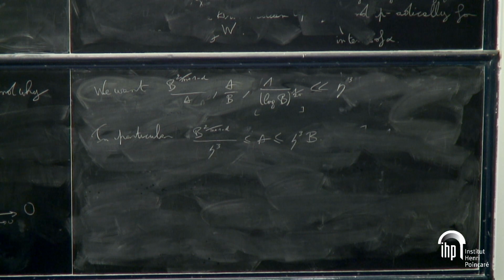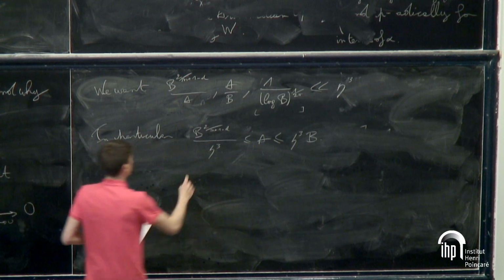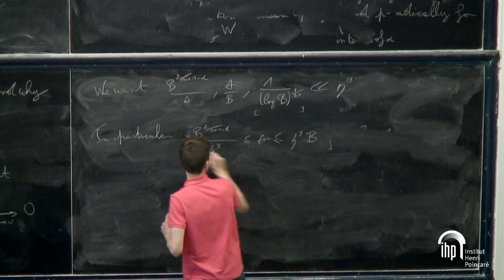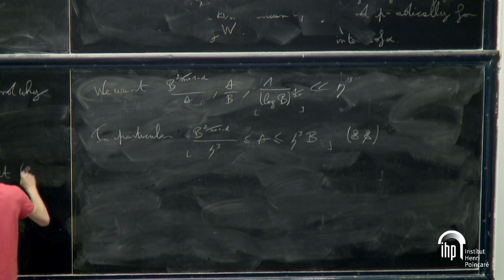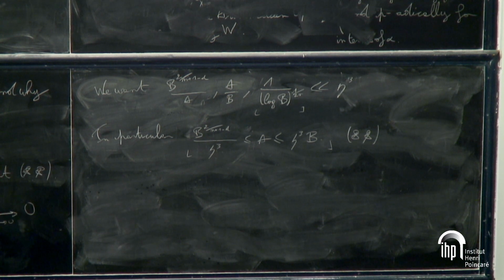So let eta be in (0, 1), let b be large enough in terms of eta and such that this, let me call this star star, and also let alpha and w satisfy star.